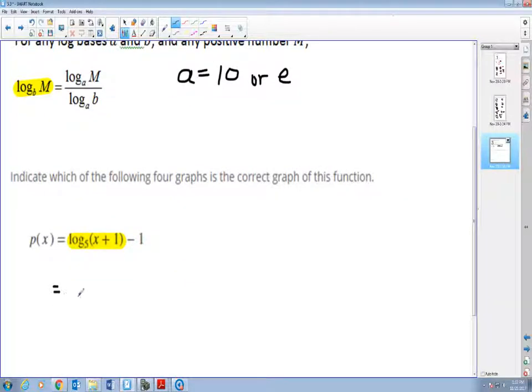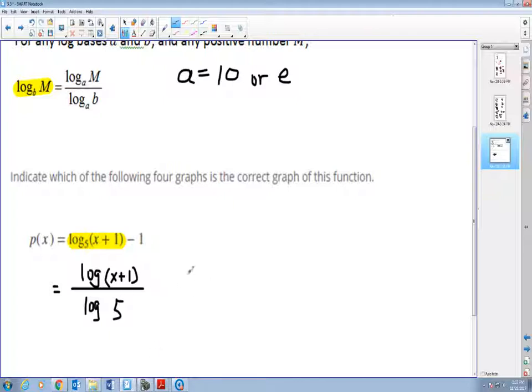So if I change the base, that will be log with the base a of m, where a can be base 10, of m, which is x plus 1, over log with the base a, base 10 or base e, I'm going to use base 10 for right now, of b, where b is 5. So I'm changing base 5 to a base 10 on my graph.